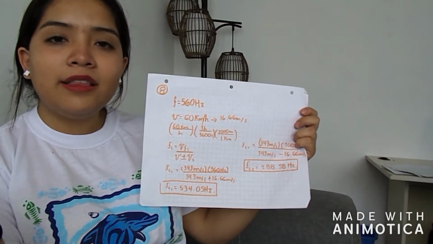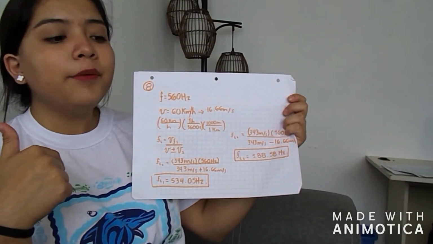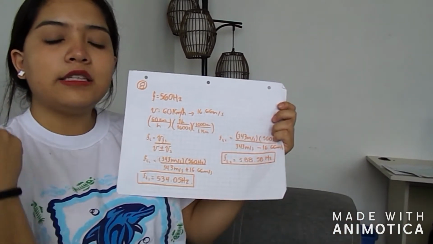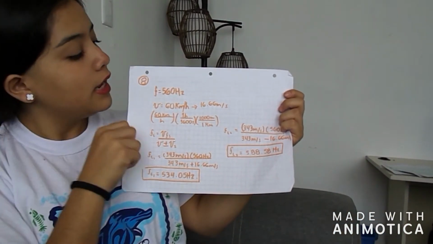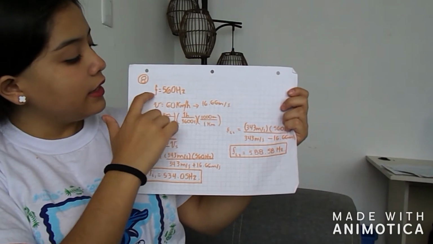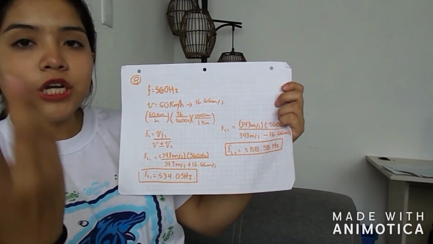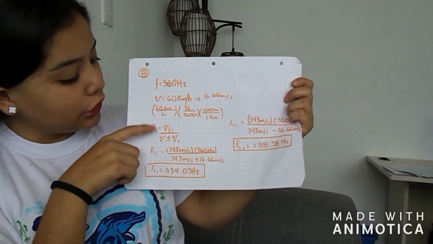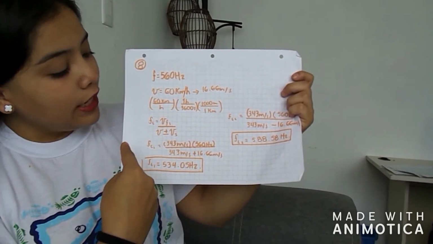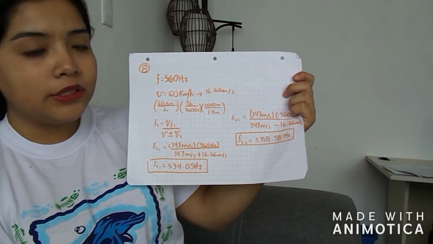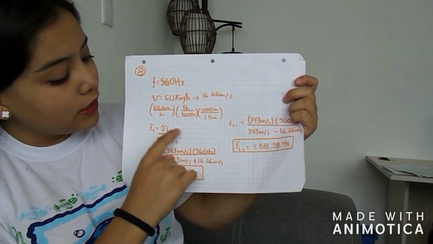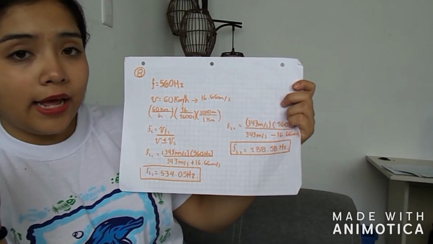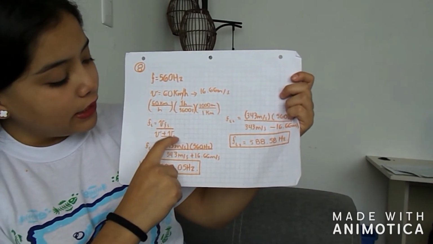In problem number 8, they are asking us for the frequency of the listener that is moving away from and approaching a source. So we have our data that is the frequency and the velocity, we change it to meters per second, and we use this formula that is the velocity of the air at a normal temperature, the frequency source over the velocity plus or minus the velocity source.